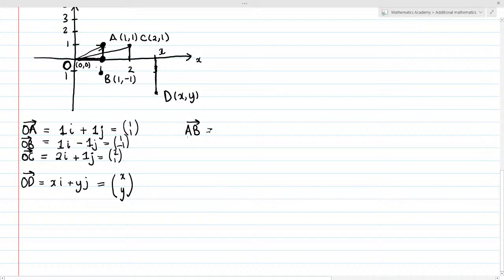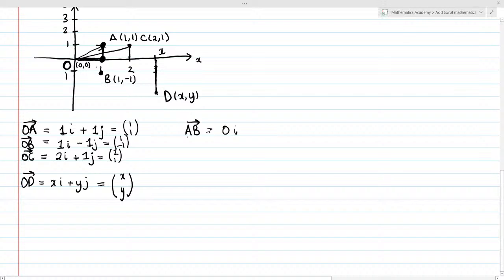Well, B is on the same location on the horizontal axis as A, right? You don't need to move right or left. Try it. If you move a bit right, you get further away from B, and if you move a bit left, you get again further away from B. And so the amount you need to move to the right is 0. It's just 0. So we say 0i.